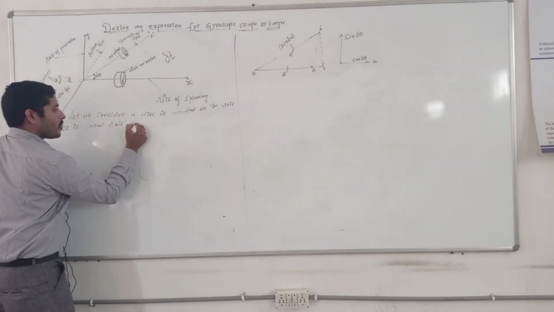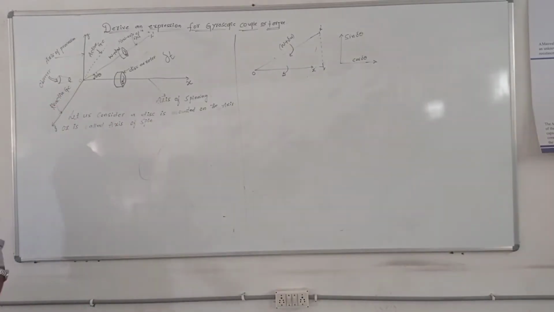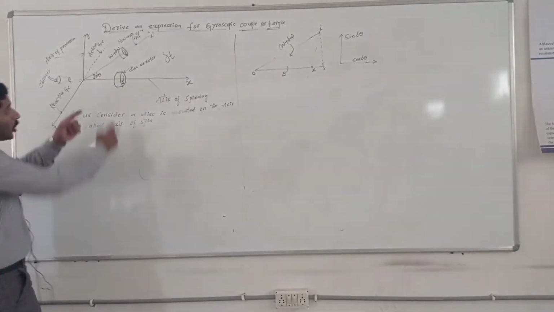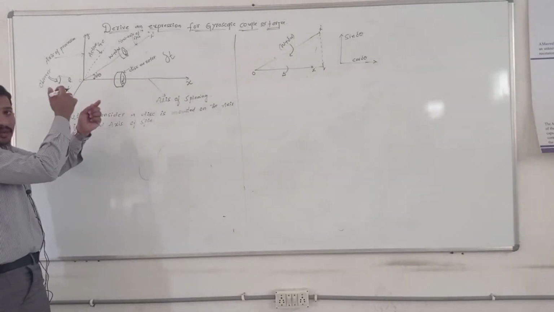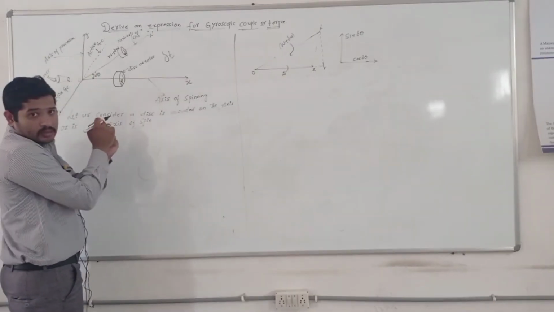The rotor is rotating or spinning about the axis OX with an initial angular velocity.